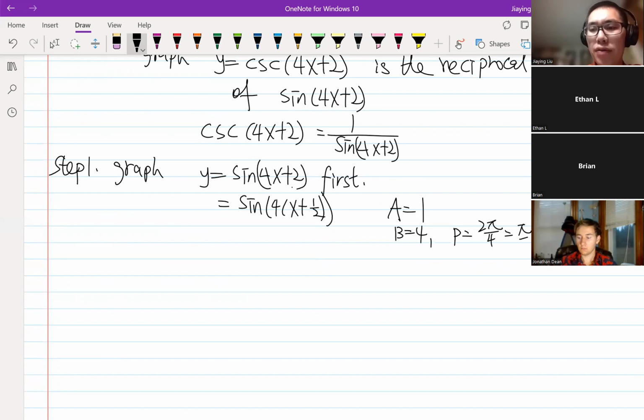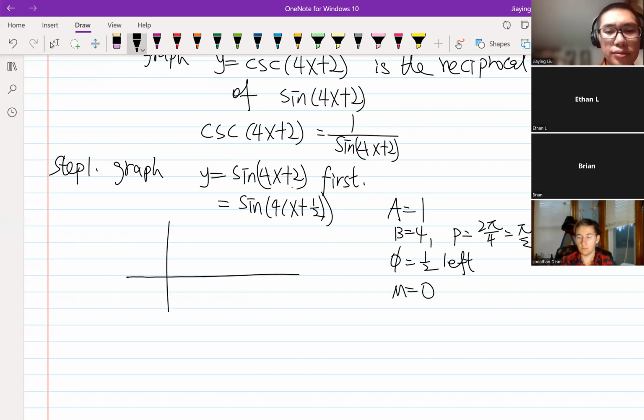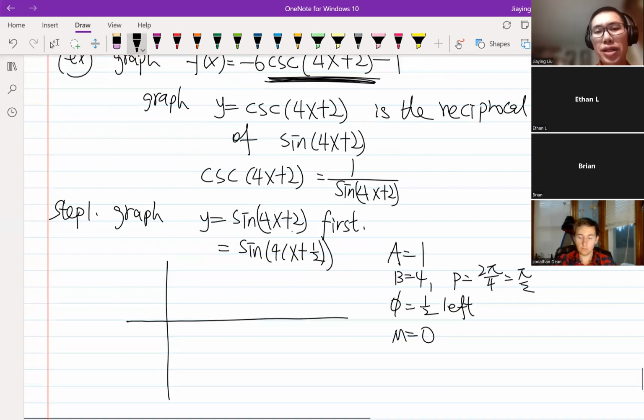So that's pi over 2. And the phase shift is going to be half to the left. That's not going to be nice. But the midline is going to be 0. Well, nevertheless, let's just do our best here.